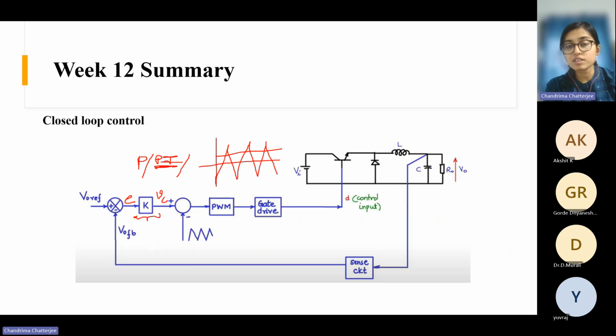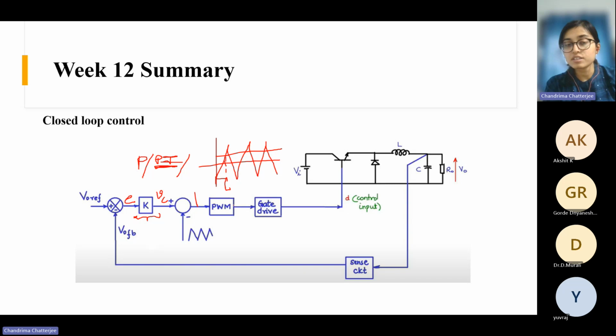So if you see at these intersection positions, from here to here, the control signal is higher than the carrier signal. So here you will get a high pulse, right? Then again you will get low for this duration when the carrier signal is higher than your control signal.